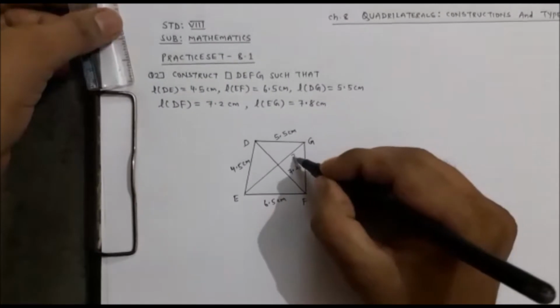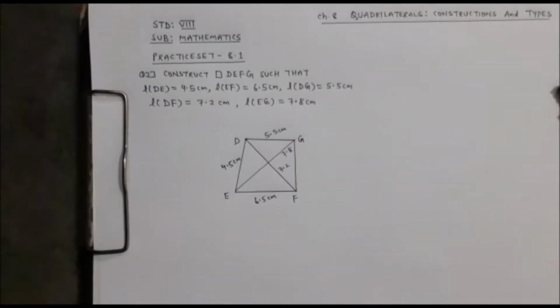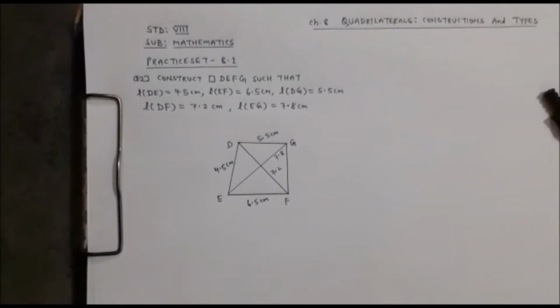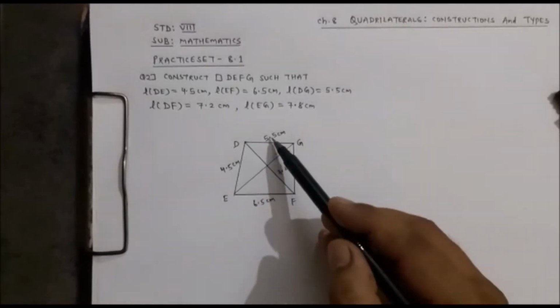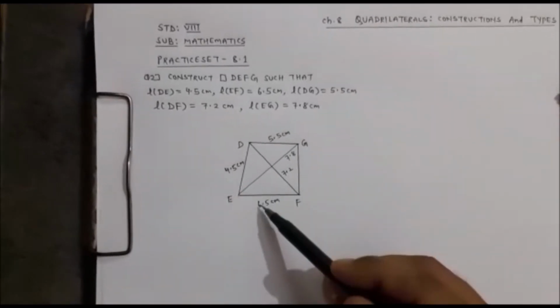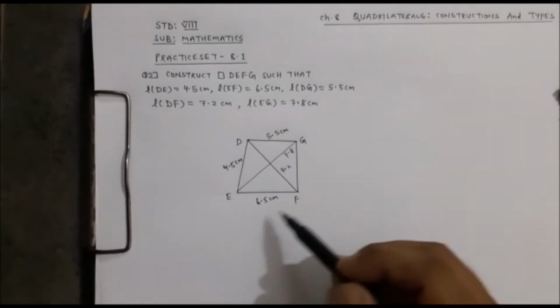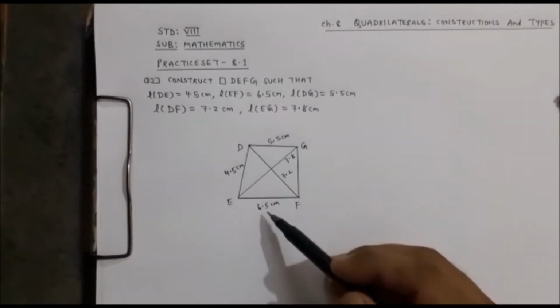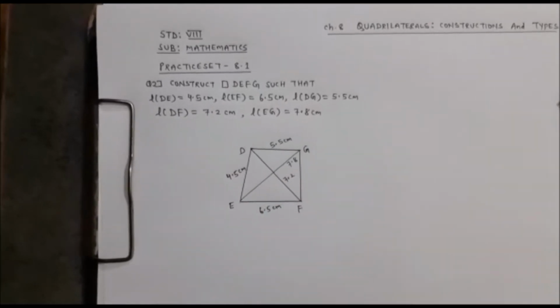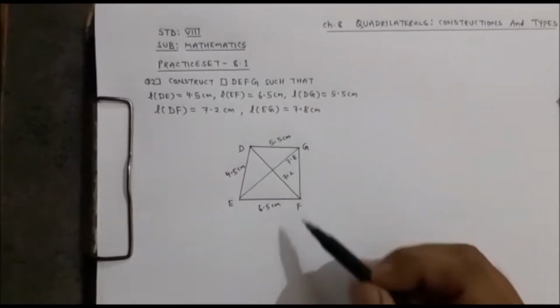This is given 7.8 centimeter. So you can see in the rough figure, here we are given 1, 2, 3 sides and 2 diagonals are given. So we have to construct a quadrilateral where 3 sides are given and 2 diagonals are given. So let us see how we go about this.